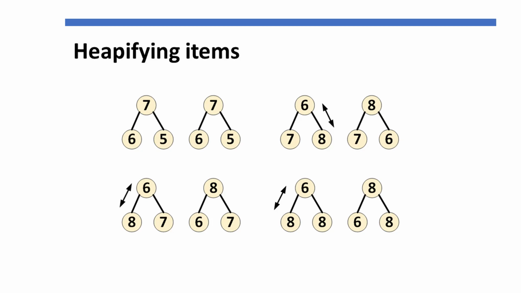If the right child has a value that's greater than the left child, then we'll swap that value with the value of the parent node. If the left child has a value greater than the right child, we'll swap that value with the parent node. If both of the child nodes have the same value, which are greater than the parent node, then the value that's in the left node is swapped with the value in the parent node.